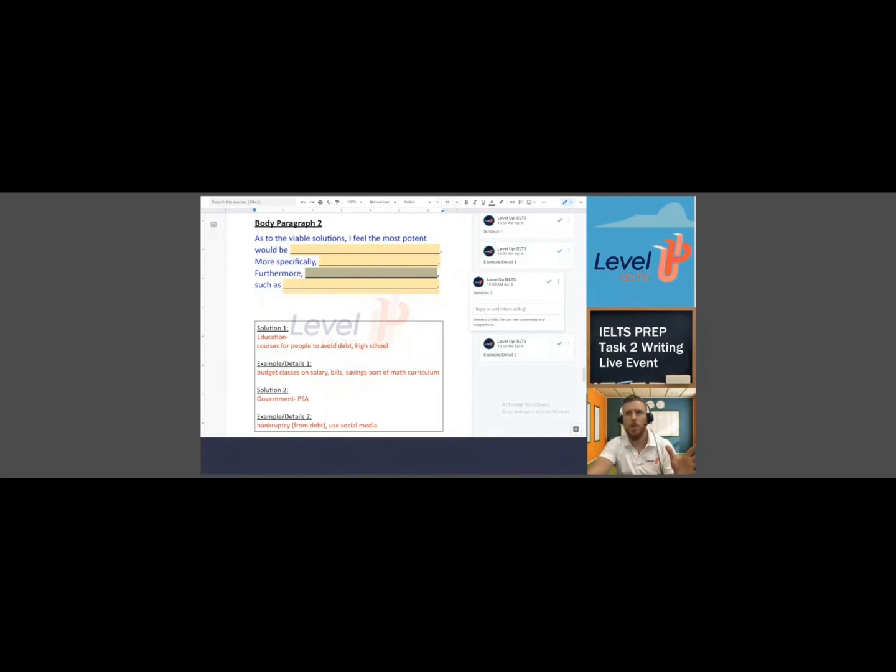So furthermore, solution 2 is the government, the public service announcement. I guess we can mention the fact that the government can publish statistics about the dangers of credit card debt.